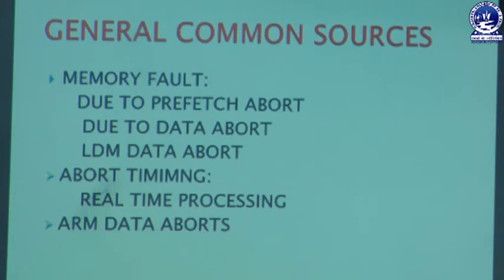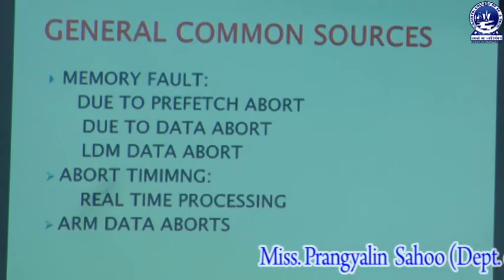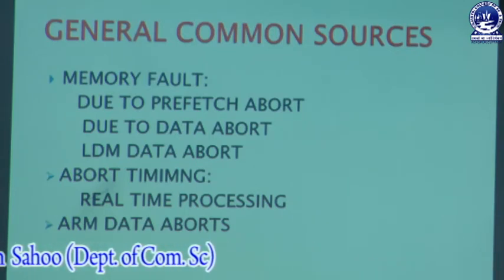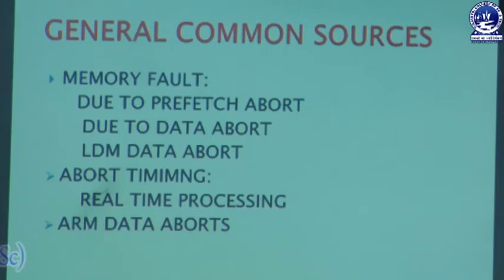Therefore, there is a tension between the architectural simplicity of the processor fault handling and the engineering efficiency of the memory system. So how is this tension managed? By using your memory management unit, so that the operating systems execute using some real time processing.